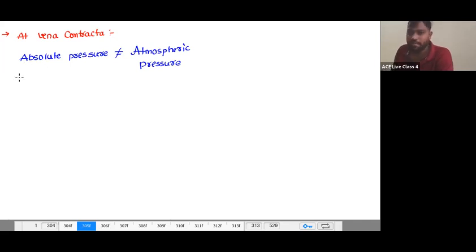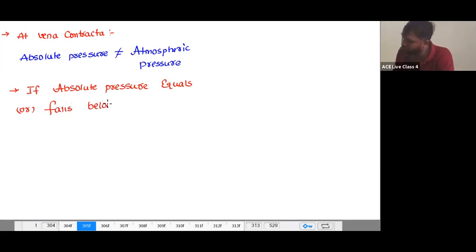Now at the vena contracta, if the absolute pressure equals or falls below the vapor pressure. What does vapor pressure mean?